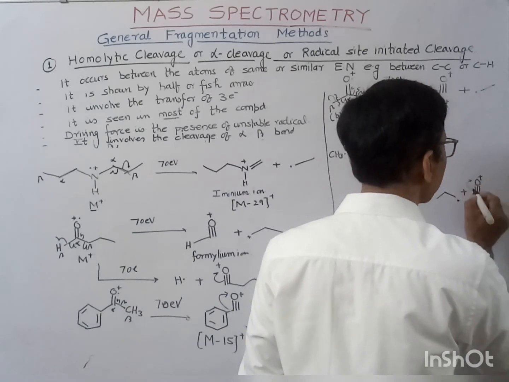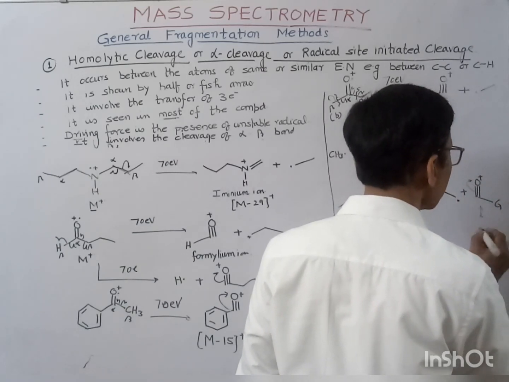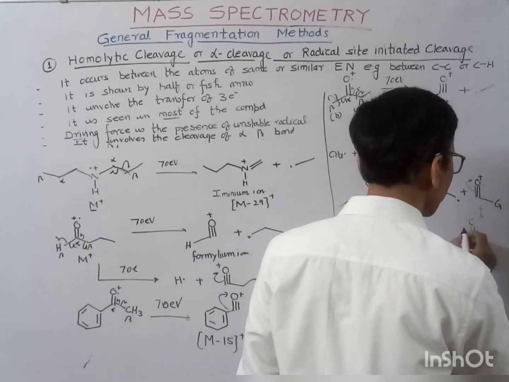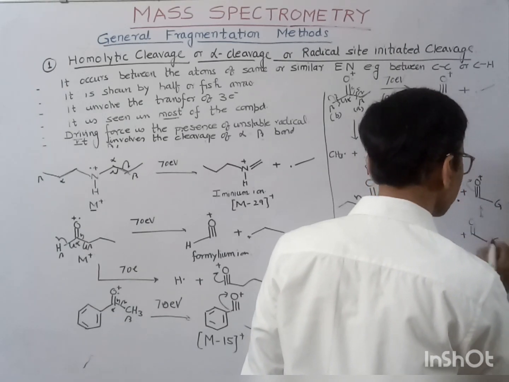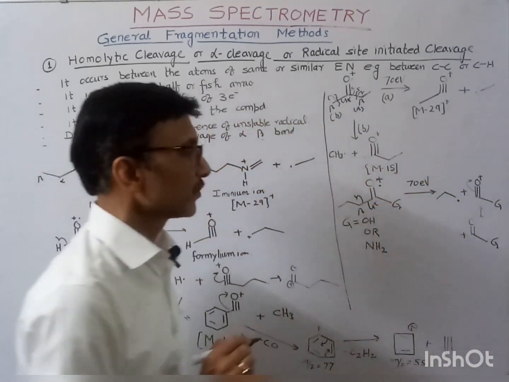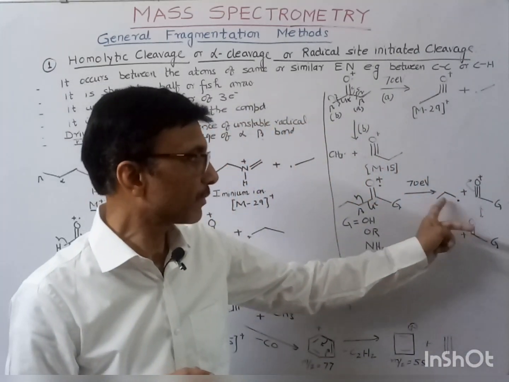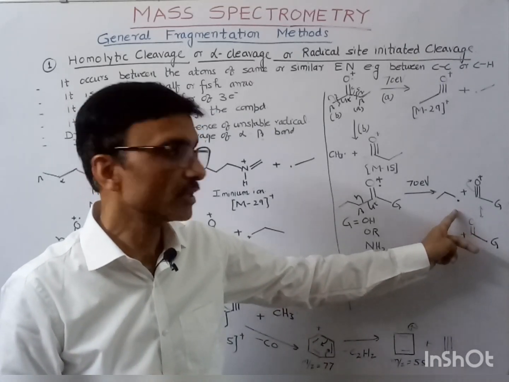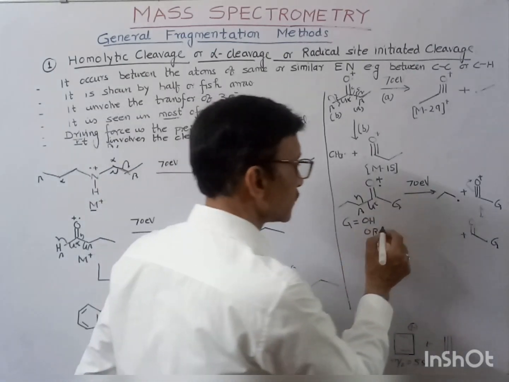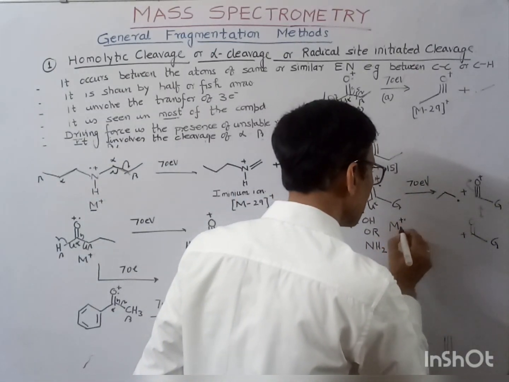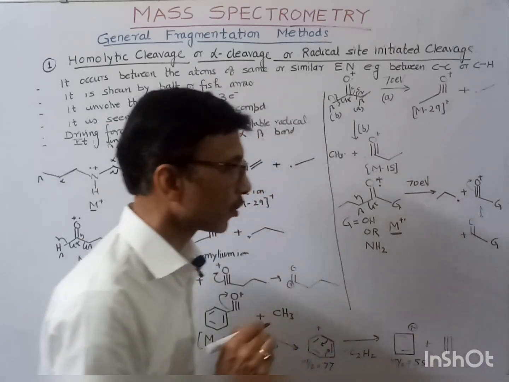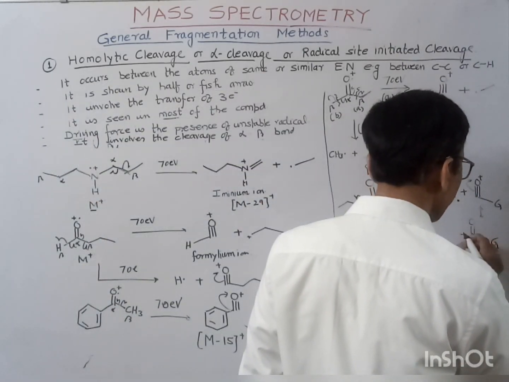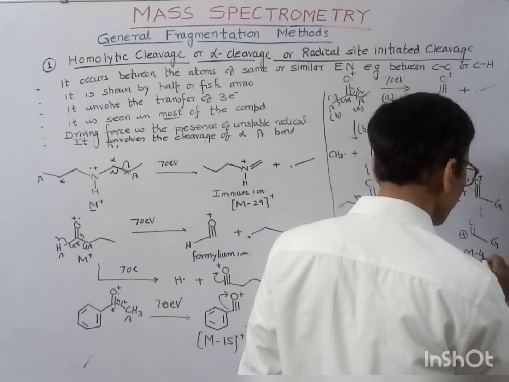This is resonance stabilized, so its formation is favored. The propyl radical has a mass number of 43, so 43 is subtracted from the molecular ion peak. So a peak will appear at M minus 43.